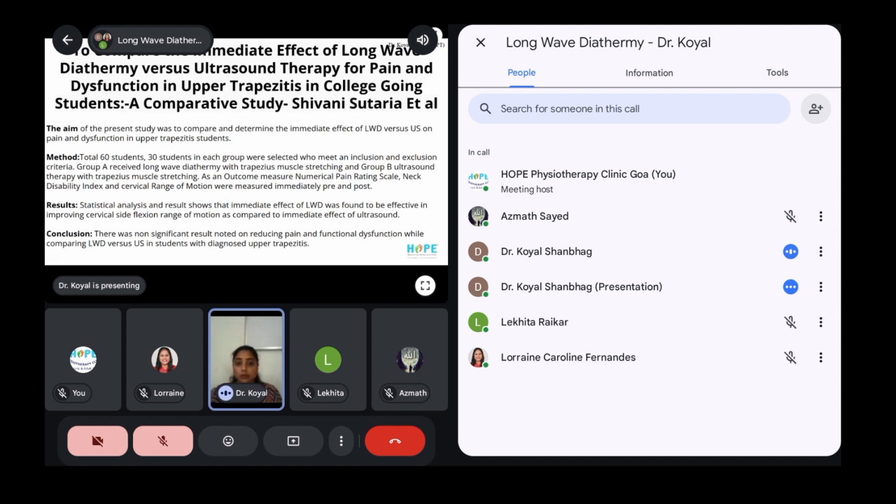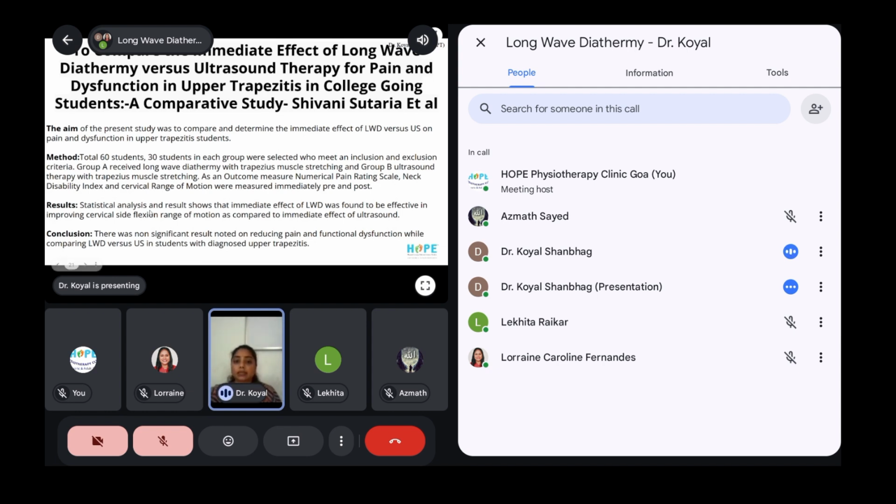Group A received long-wave diathermy with trapezius muscle stretching, and group B received ultrasound therapy with trapezius muscle stretching. The outcome measures were the numerical pain rating scale, neck disability index, and cervical range of motion, measured immediately pre and post.